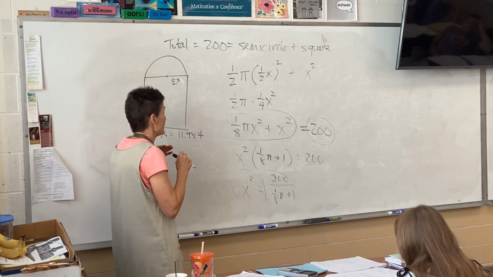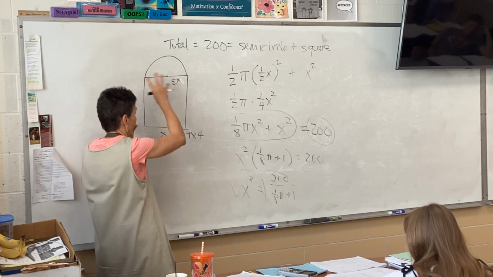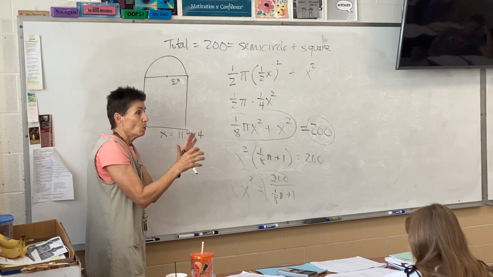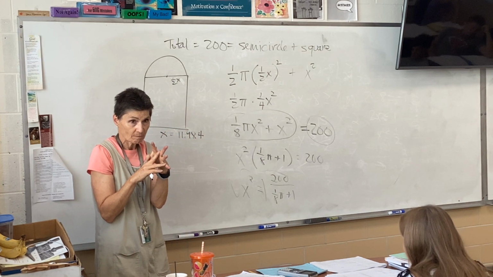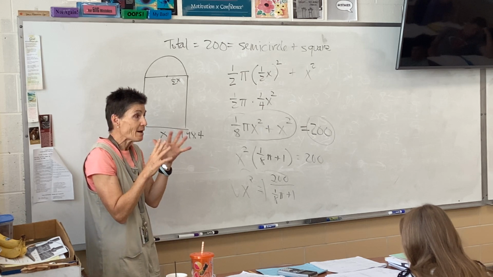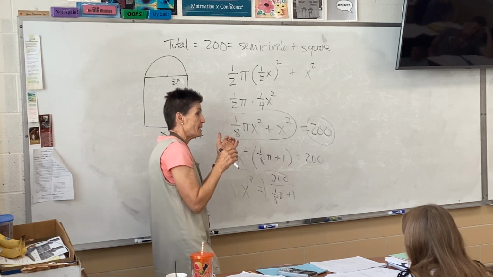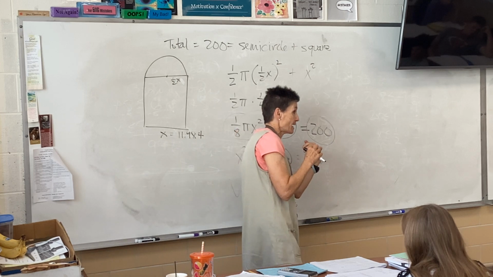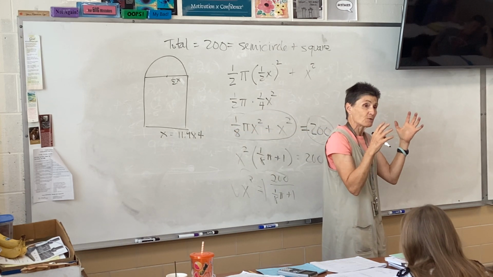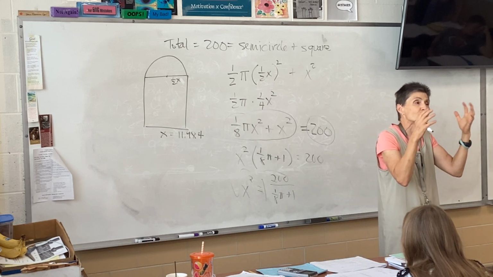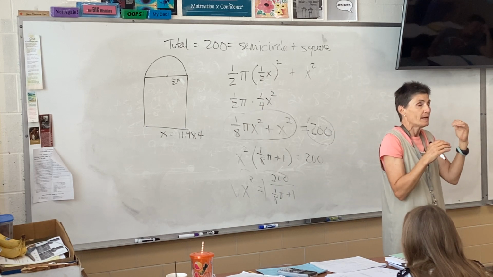But if the whole area is 200, wouldn't the area of the square have to be less than 200? So whatever x is, it's going to be a number less than the square root of 200. Would you agree, just to ballpark it? If you're having window issues, you could use that as a starting point and go from there.